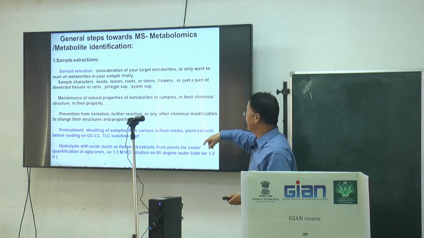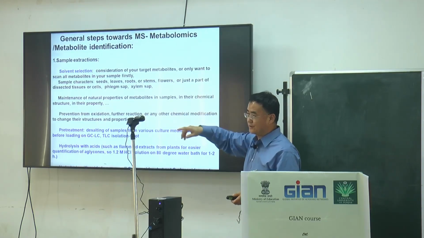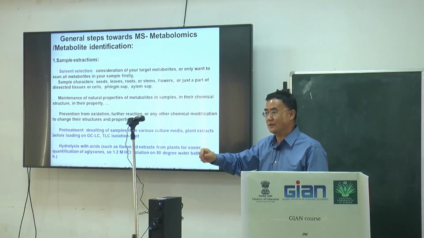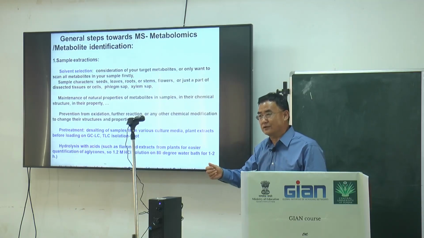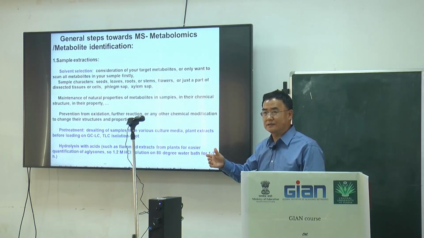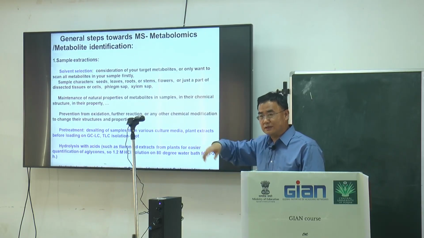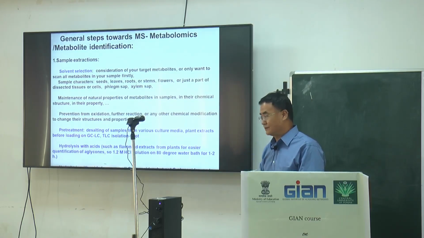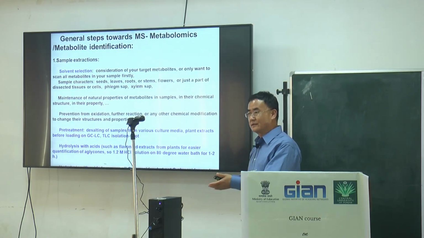This is particularly so in some samples, like tea plants, where you extract protein. You have to add some chemicals or polymer to the extraction buffer to prevent oxidation.